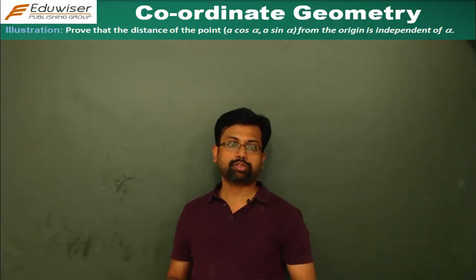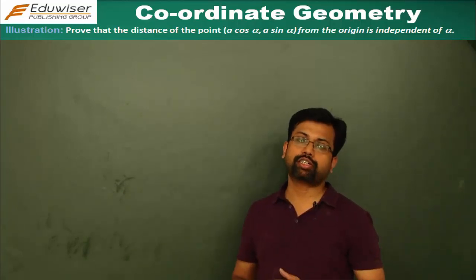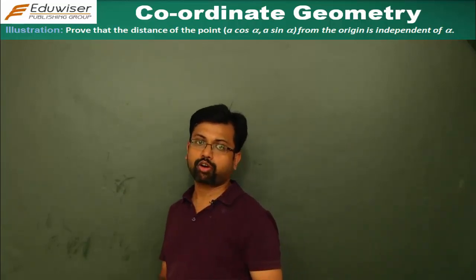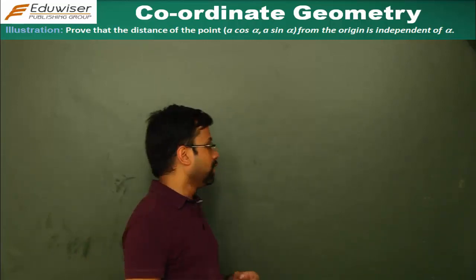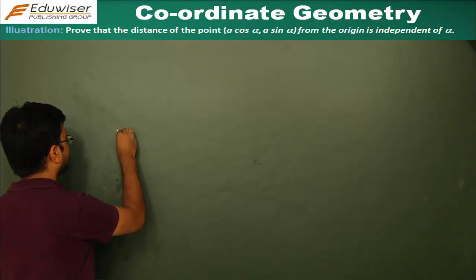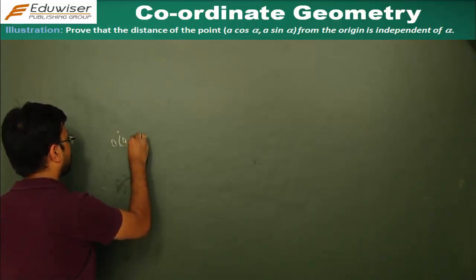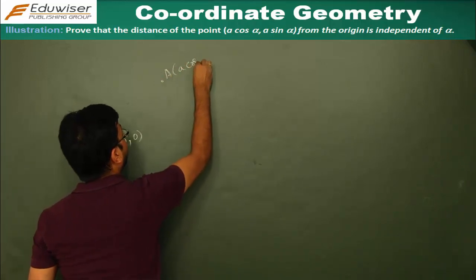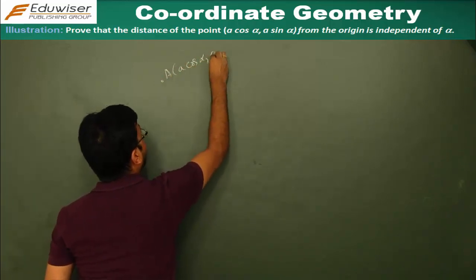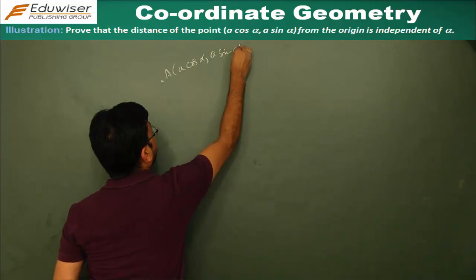Now in this next question, we have to prove that the distance of the point a cos alpha comma a sin alpha from the origin is independent of alpha. So you have the origin and you have the point A, which is a cos alpha comma a sin alpha.